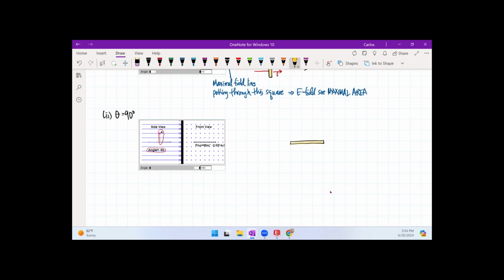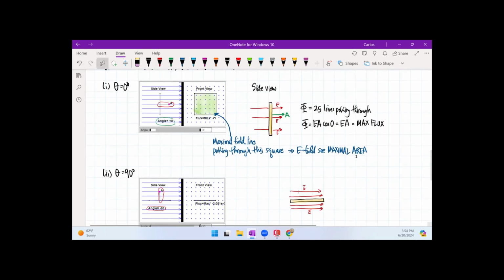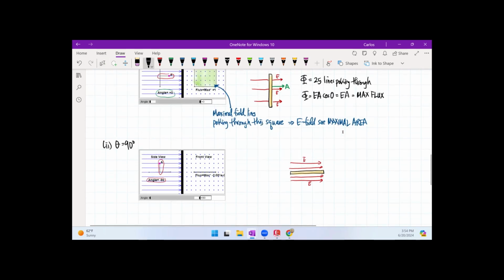So when I'm looking at the fields, what are the fields doing? They can't go through the square. And because they can't go through the square, that immediately tells you that if I look at the flux of this, I'm going to have 0 lines poking through.